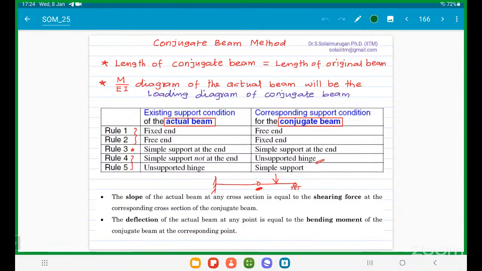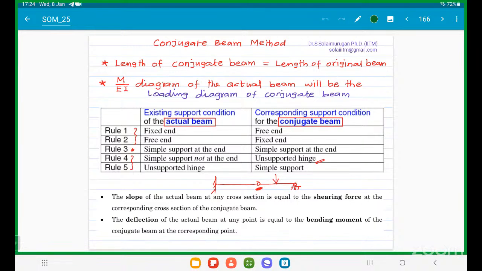See the boundary conditions: fixed end becomes free end, free end becomes fixed end, simple support at the free end stays simple support. Simple support in between, means not at the free end, means unsupported hinge. Unsupported hinge means simple support.